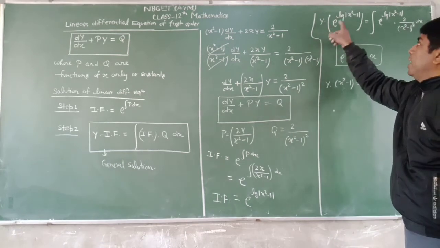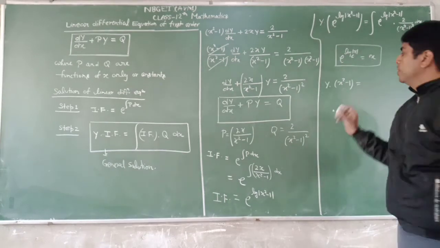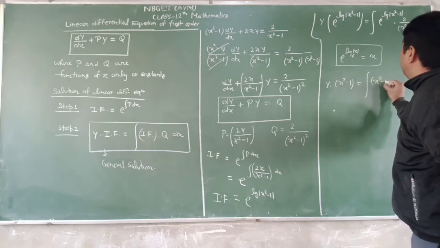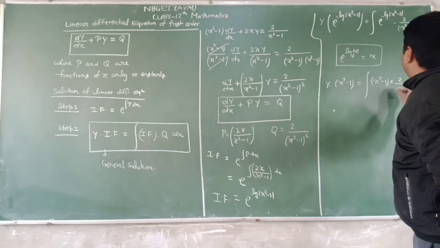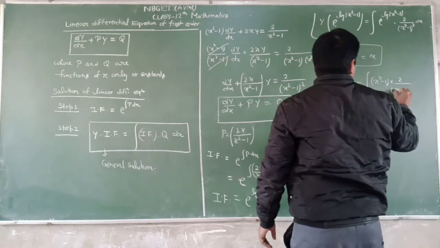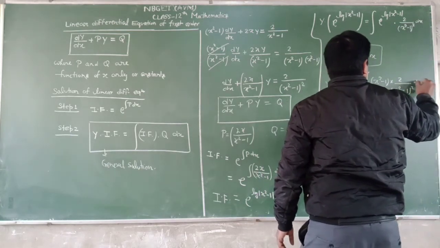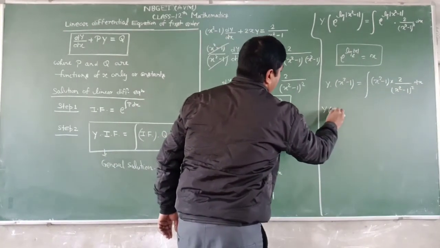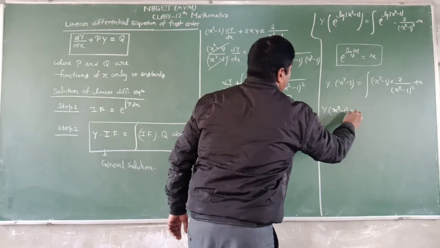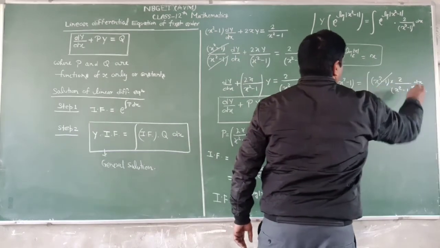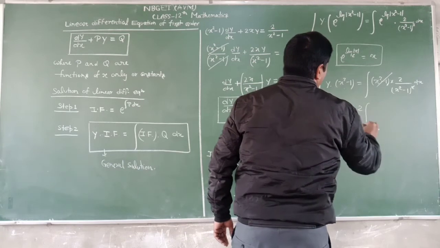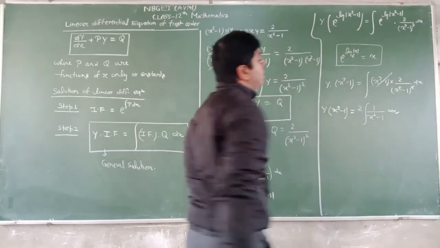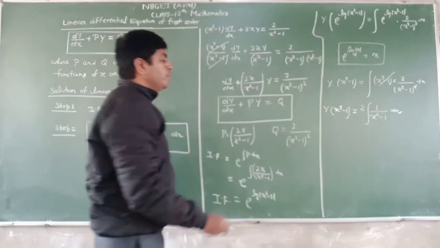So we write y into (x² − 1), and in the integration here it will become (x² − 1) into 2/(x² − 1)². Now y into (x² − 1) is equal to, this will be cancelled, and we have 1/(x² − 1) in the integration.